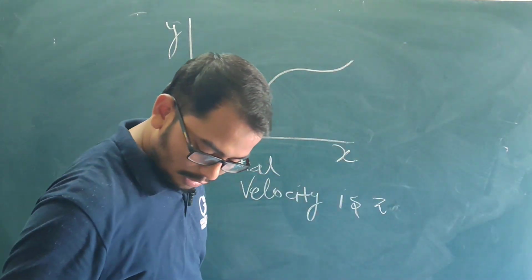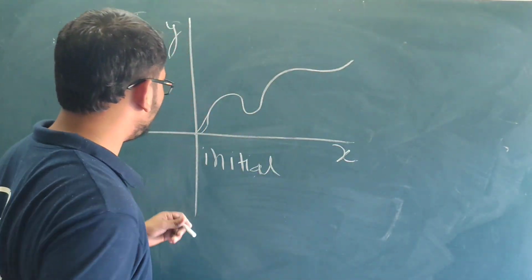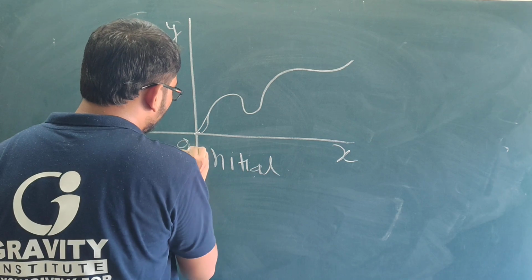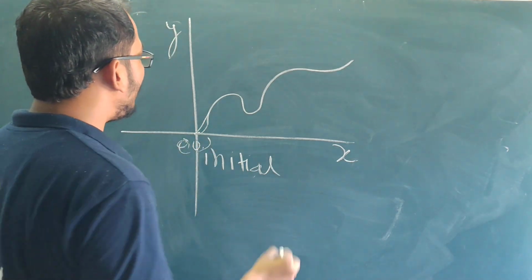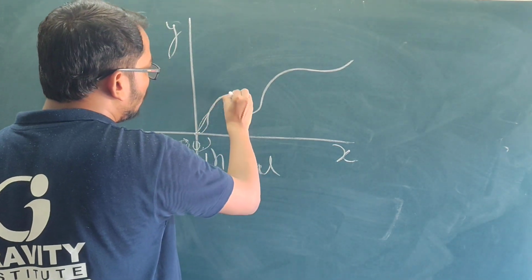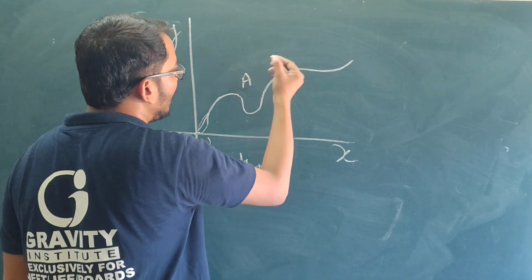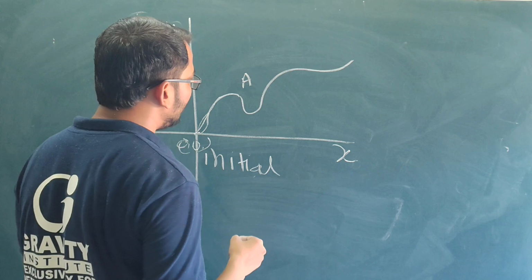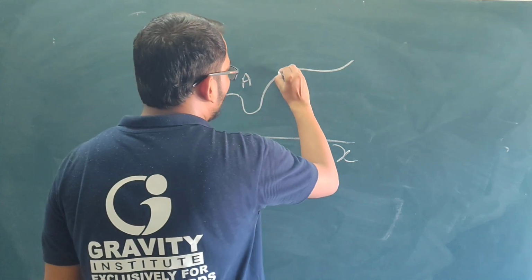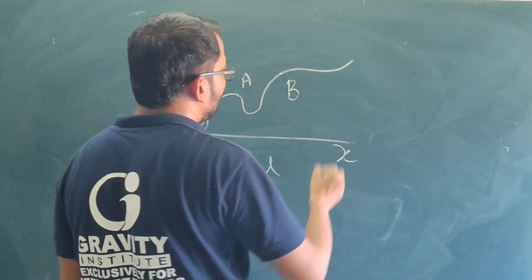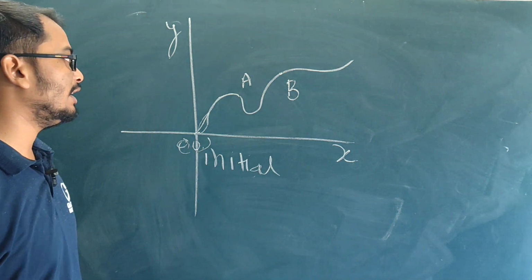Not initial velocity, I am talking about initial position. The particle is at the origin, starting from here. If the particle is moving along this curve, I want to check the average velocity at A and the instantaneous velocity at A, and the average velocity at B and the instantaneous velocity at B.